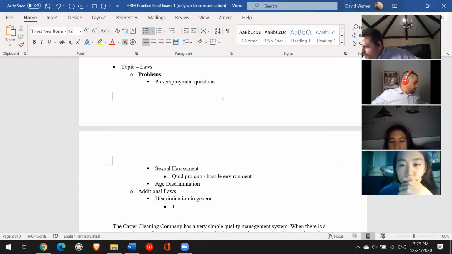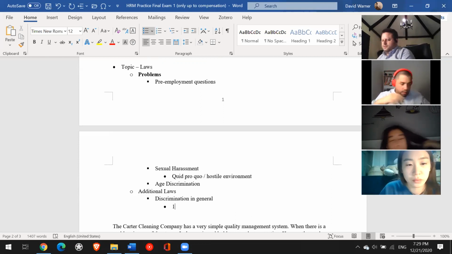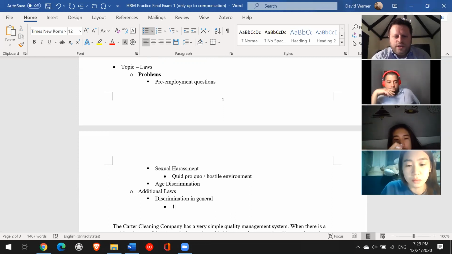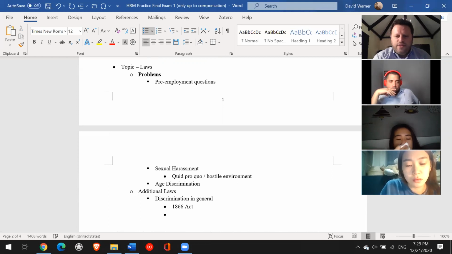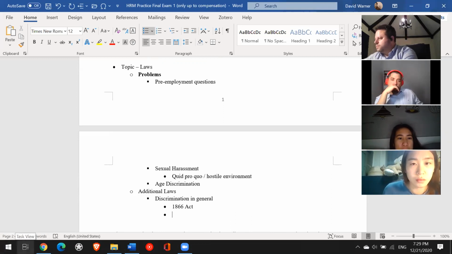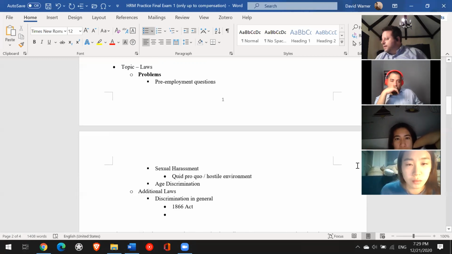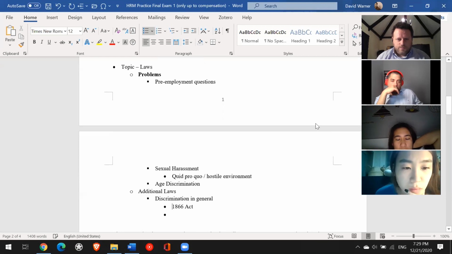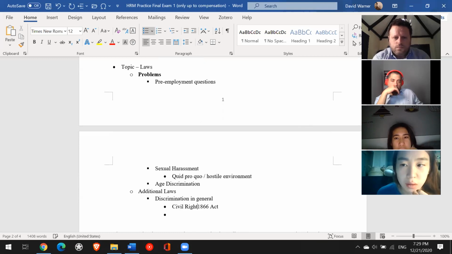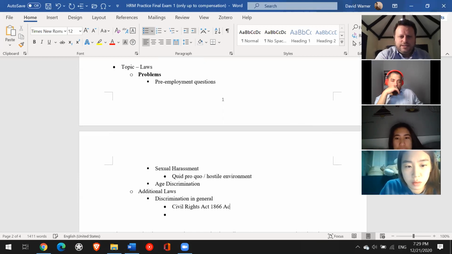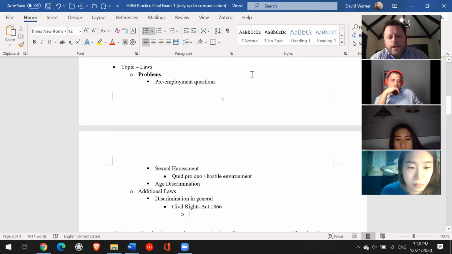Okay, so where can I put this? Okay, so the 1866 Act, the Civil Rights Act of 1866, and that gave us disparate treatment, disparate effect.